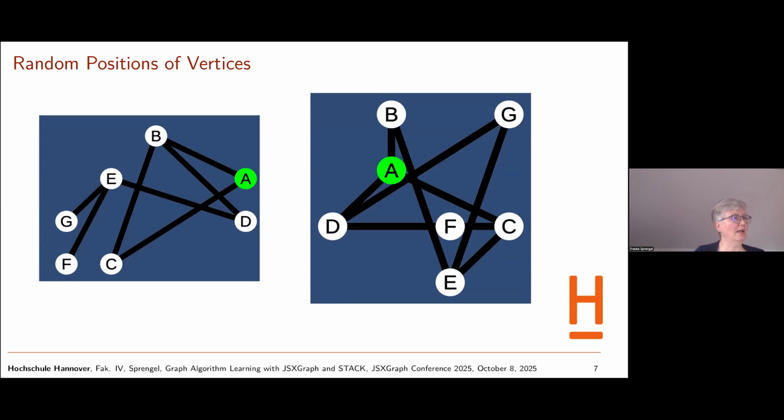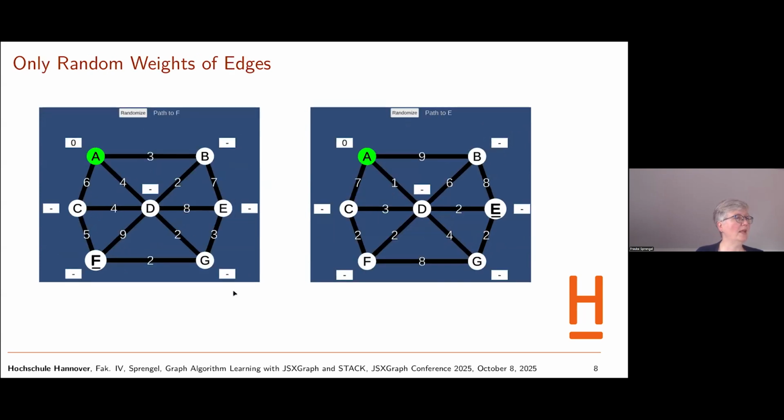Then you have to click here on the edges, and then it's not really good to have crossings of edges. So randomizing the positions of the vertices is maybe not a good idea. And as you can see, he always has the same number of vertices. He only randomized the positions of the vertices.